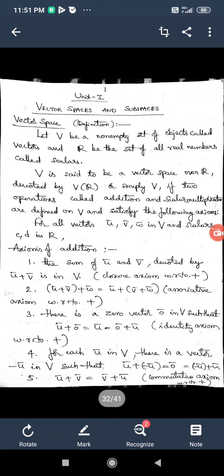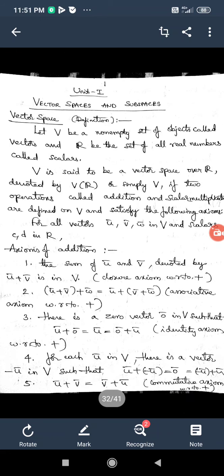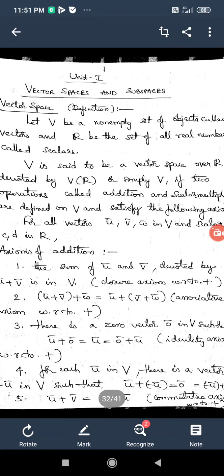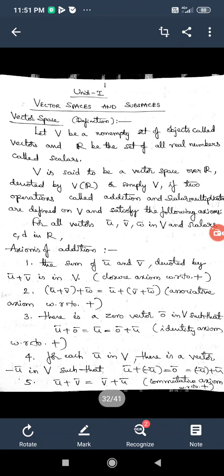First five axioms come under the subtitle axioms of addition. And what are those five axioms? Let us see. The first property goes like this. The sum of u bar and v bar, denoted by u bar plus v bar, is in V. What does it mean?